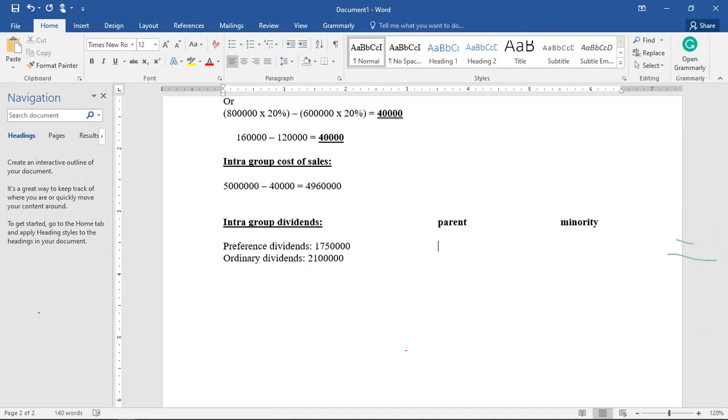For the preference dividend, the parent will get 0. The minority for the preference dividend will get 100% of it. So what it means is that all the 1,750,000 will go to the minority.